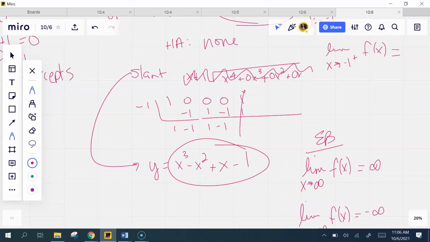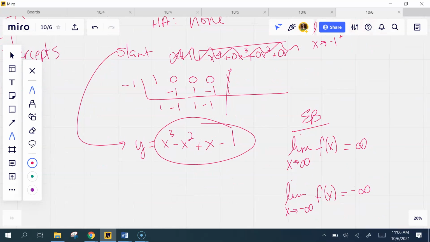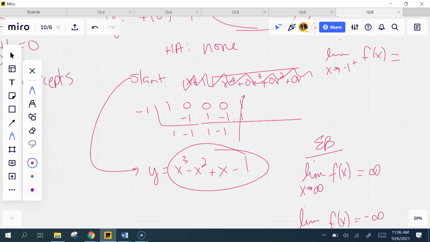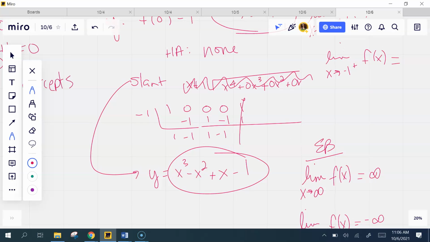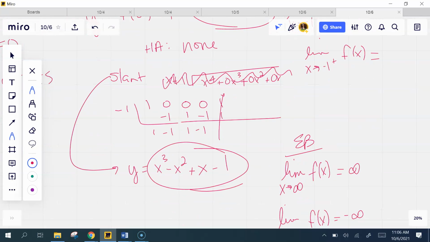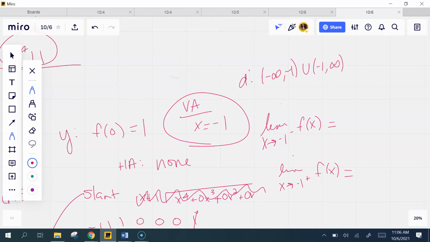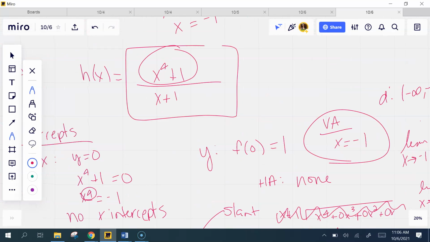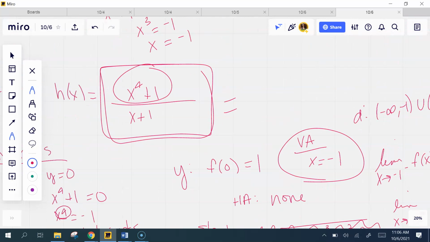Once I had divided it, remember what we did before: we looked at the very first term, the positive or negative, and the even or odd degree. This is what you get when you divide: x to the third minus x squared plus and so on.